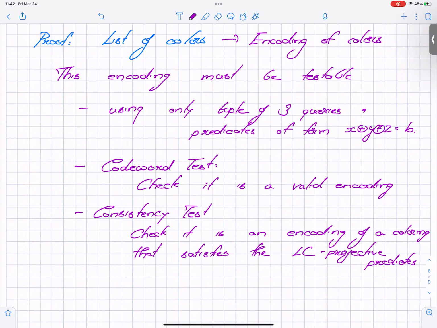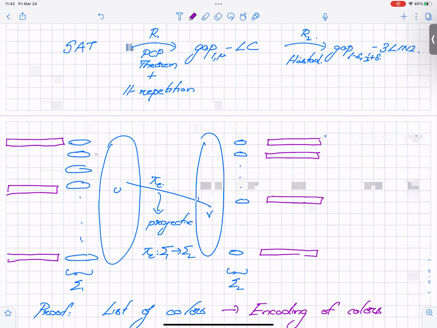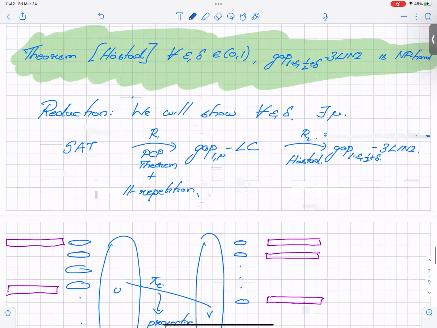Okay. And actually, carrying sigma 1, sigma 2 might be cumbersome, so I'm going to make it L and R, the left-hand alphabet and the right-hand alphabet.